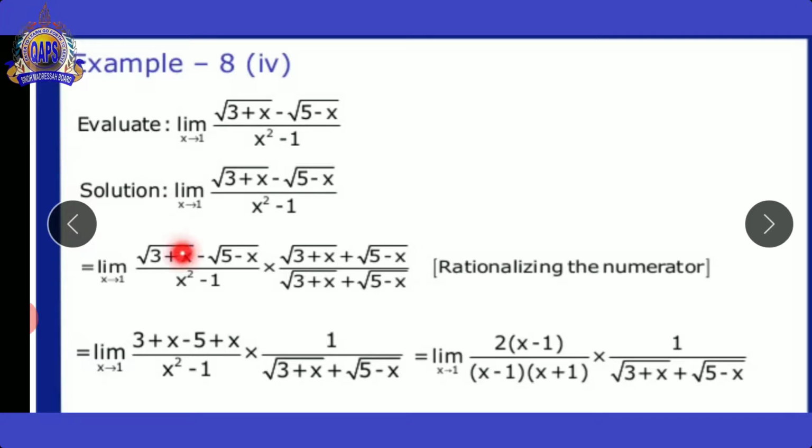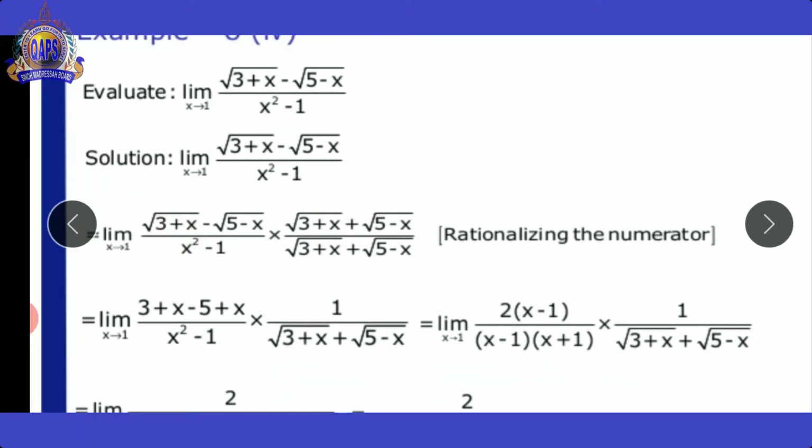Same here, we multiply both by the difference of two squares formula, then the square of radical 3 plus x, whole square, the radical and the square will cancel, then 3 plus x will remain the same.